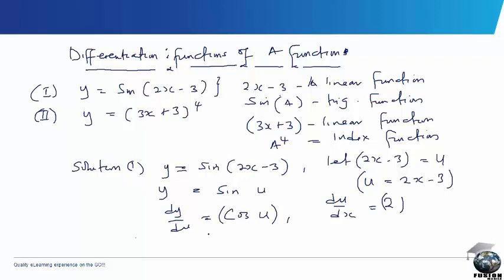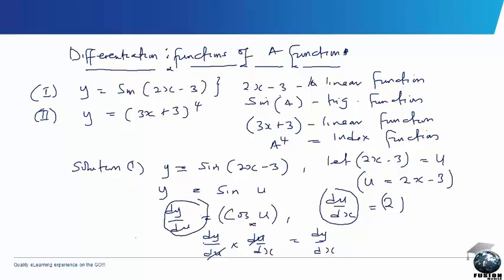Why do we multiply? Because when we multiply dy du by du dx, the du will cancel out the du, giving us dy dx. Since we are multiplying on one side of the equation to get dy dx, we have to multiply the other side to get the outcome.